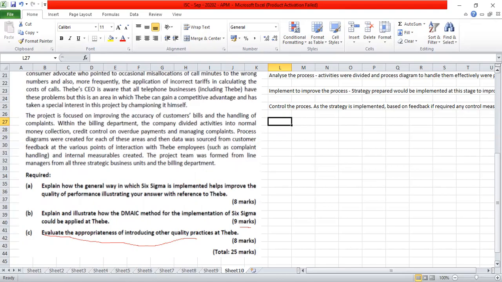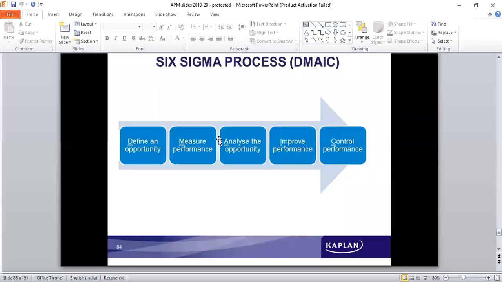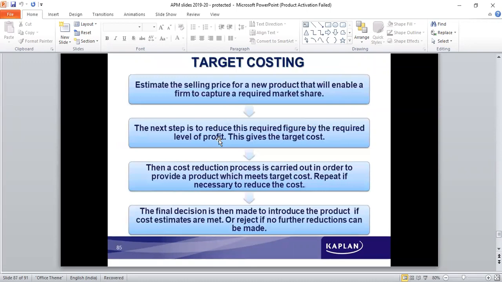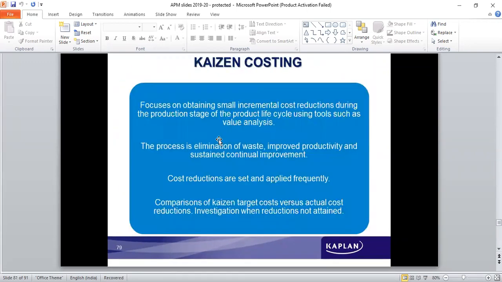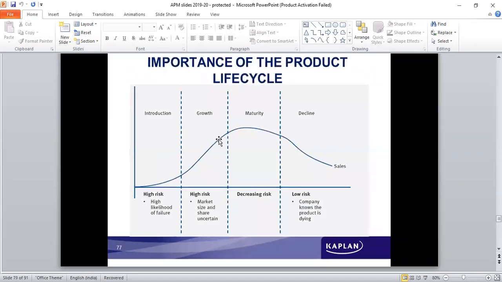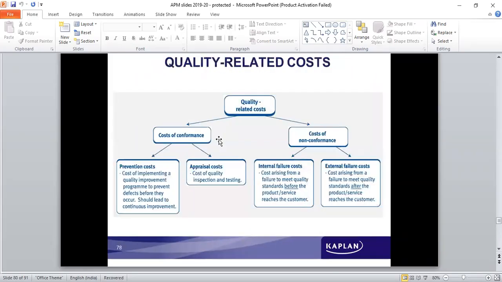Finally, the question says: evaluate the appropriateness of introducing other quality practices at Thebe. See, until this point, it is all Six Sigma. So it is an open-ended question. What could be the other quality-related methods that can be implemented?